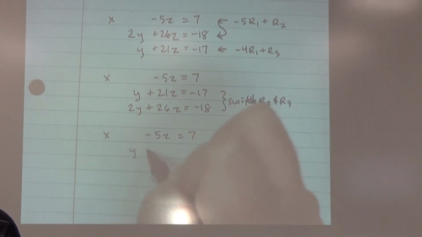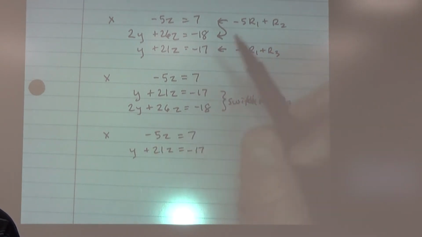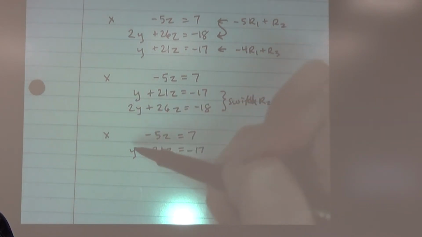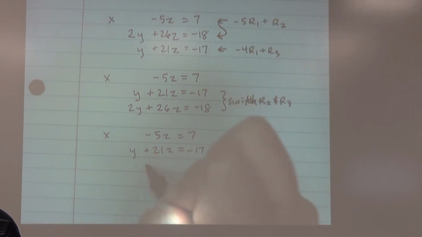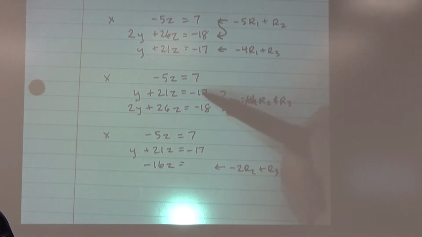Keep the second equation, starts with y, we like it. And now we need to multiply the y by negative 2. So that's row 2, add it to row 3. Multiply by negative 2 and add, gone. Multiply by negative 2 and add, we're going to get negative 16z. Multiply by negative 2 and add to the negative 18, we're going to get 16.